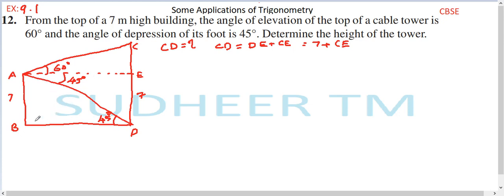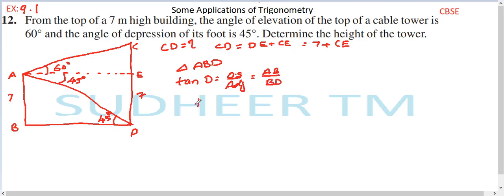So AE is also equal to BD. So I am taking triangle ABD. In triangle ABD, angle D is 45 degrees, AB is the opposite side, and BD is the adjacent side. So the function connecting them is tan D equal to opposite side divided by adjacent side, which is AB divided by BD.